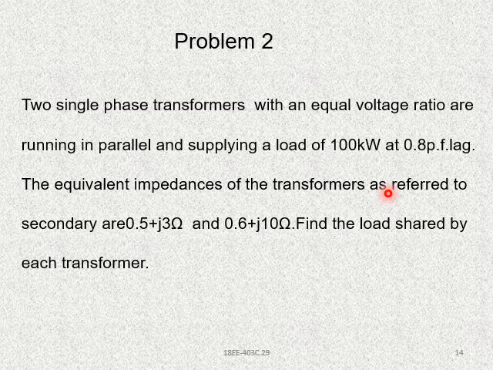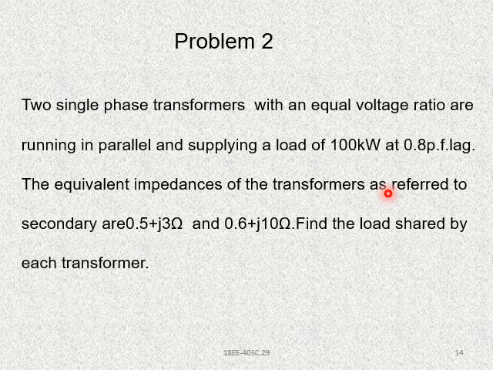So simply, SA is equal to total S into ZB by ZA plus ZB. For SB, it is S into ZA by ZA plus ZB.